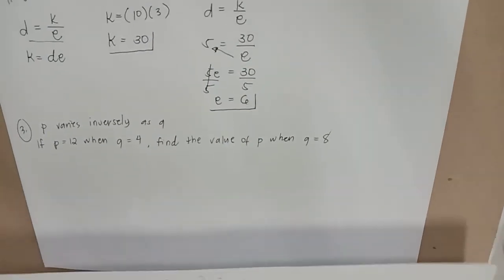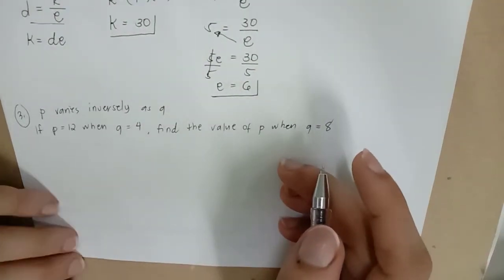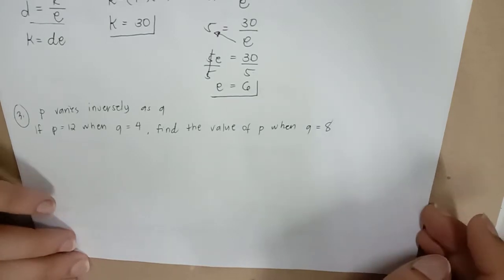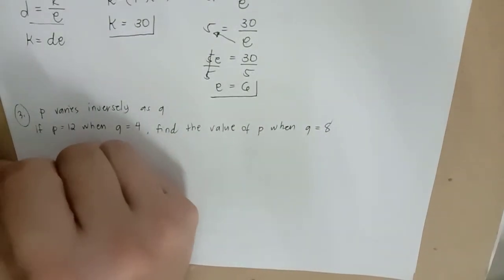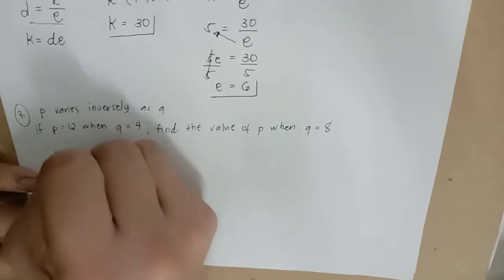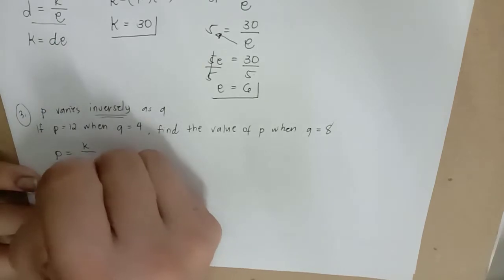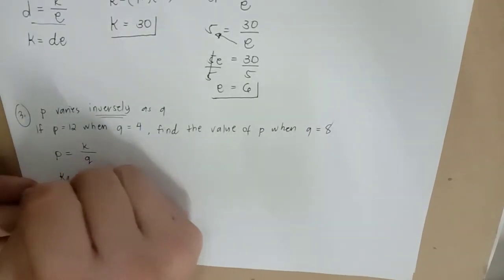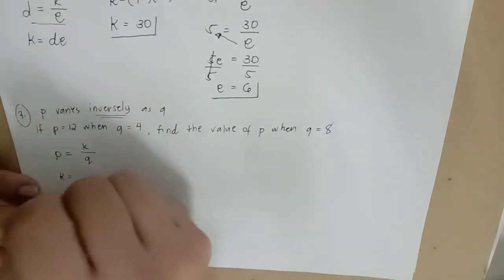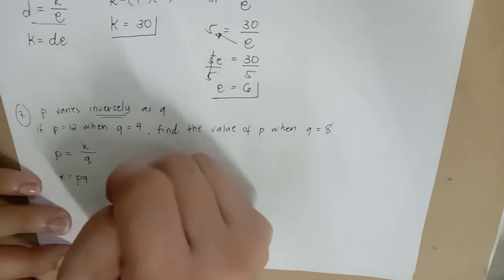Next, last for direct, in the inverse variation. So, P varies inversely as Q. So, P is equals to K over Q. To find the value of K, P times Q. Ganun po yung gagamitin natin.